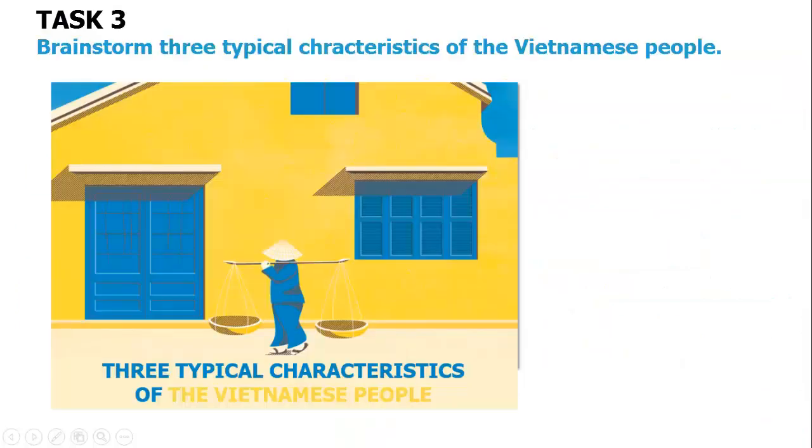After working out the outline for the paragraph, we move on to Task 3, brainstorming. You will brainstorm some ideas about the topic, 3 typical characteristics of the Vietnamese people. Pay attention to typical characteristics and Vietnamese. Now, 3 minutes for you to brainstorm.